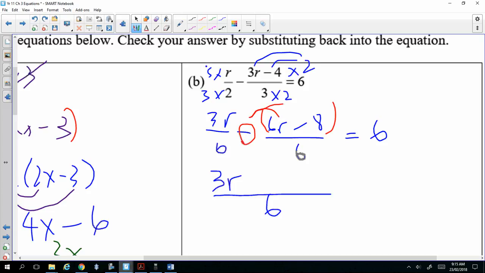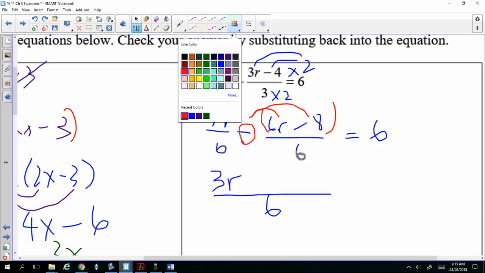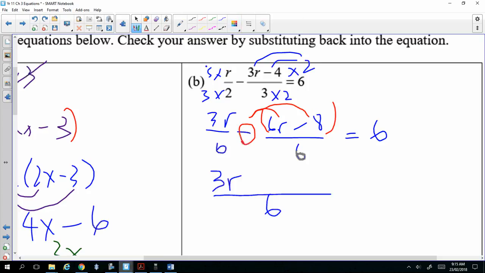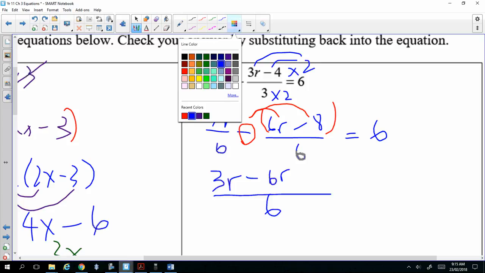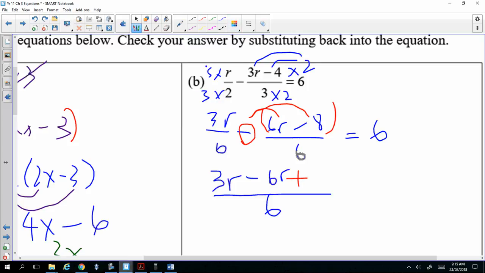This is a very common mistake made by students. They write negative 6r, but they forget to change the minus to a plus. So be careful that this is a plus. Especially when you do minus, you have to expand this. It becomes a plus. And that's the only part people could make a mistake, but I think the rest will be very easy.